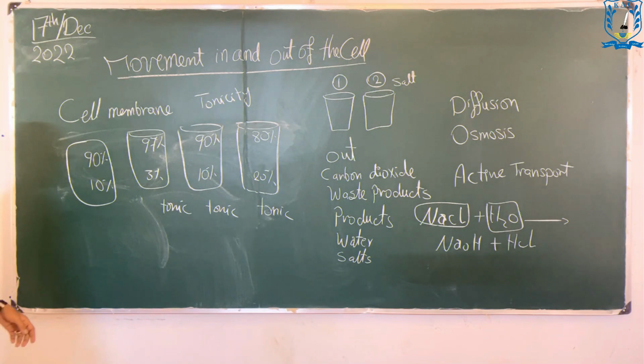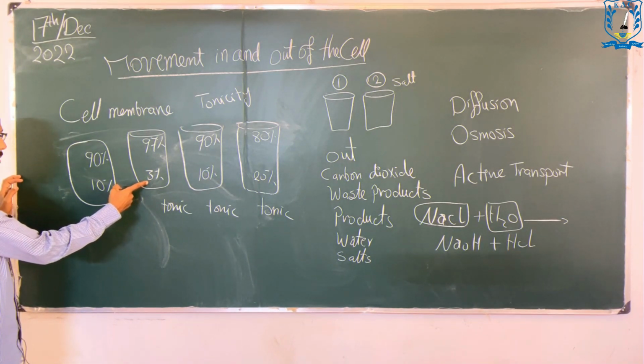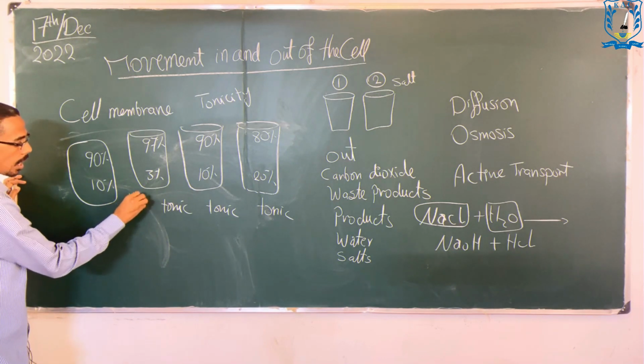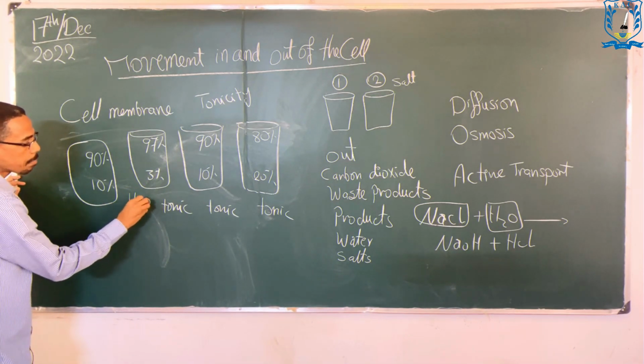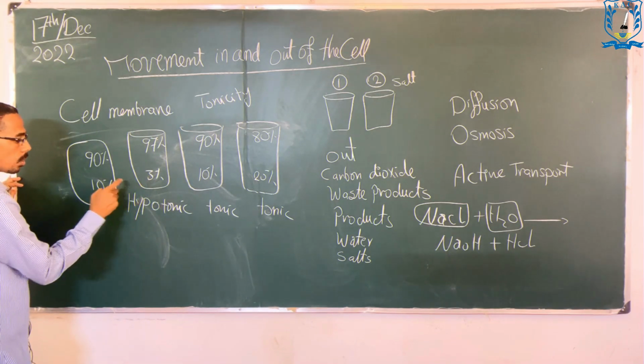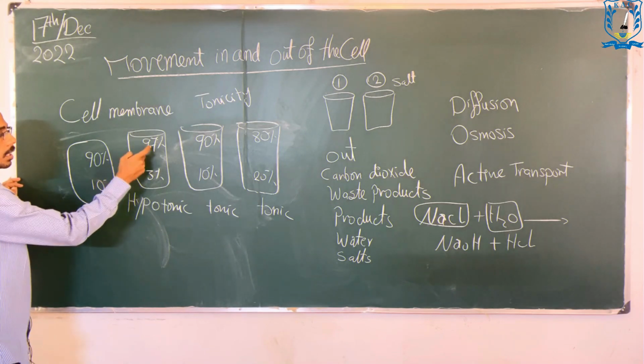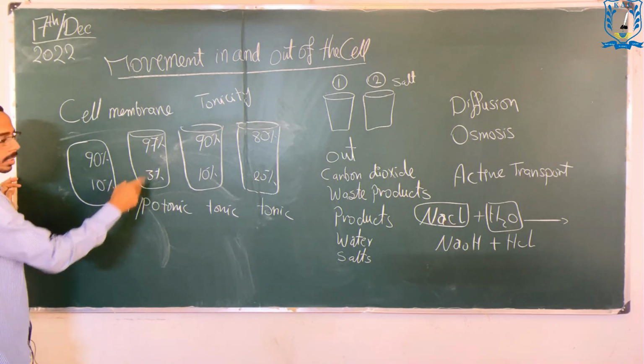Here we have less solute, so we could use the prefix hypo, because hypo means low, because this has less solute than the cell sap. That means the water here is higher.